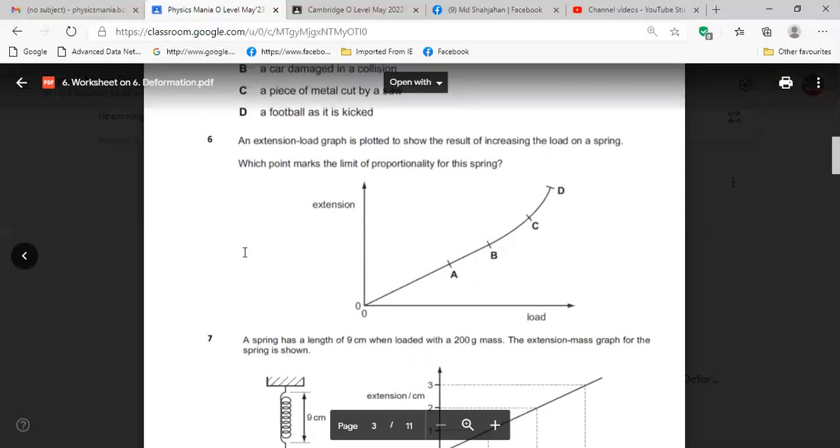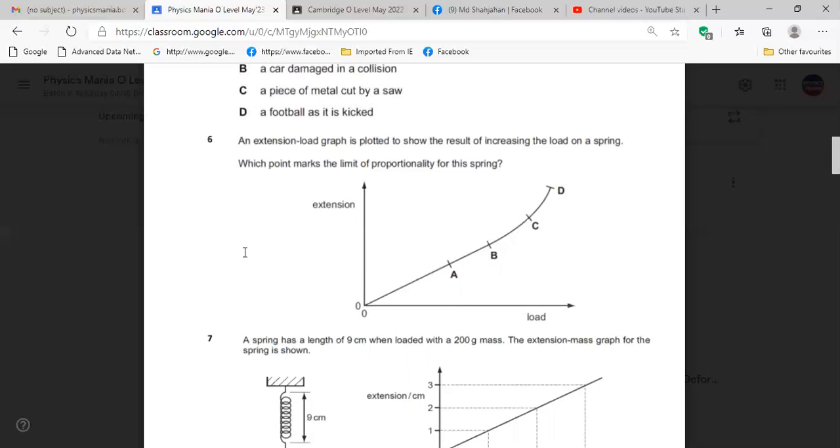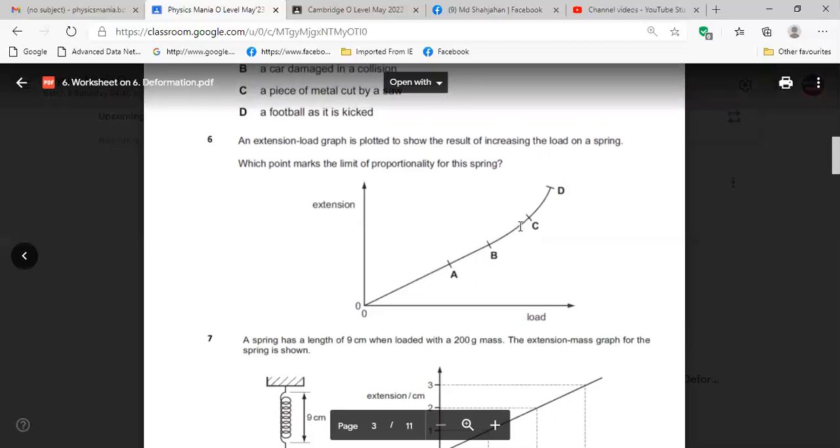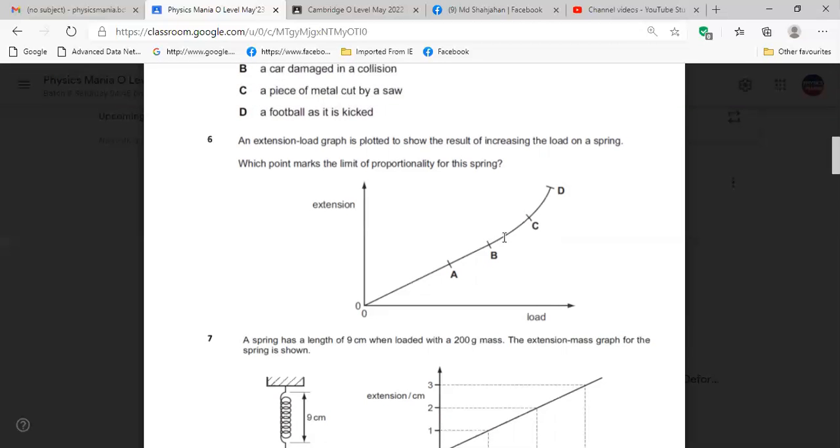Where is the limit of proportionality? I think it's at C or D. I'm not sure. Before C there is also some curved line, right?